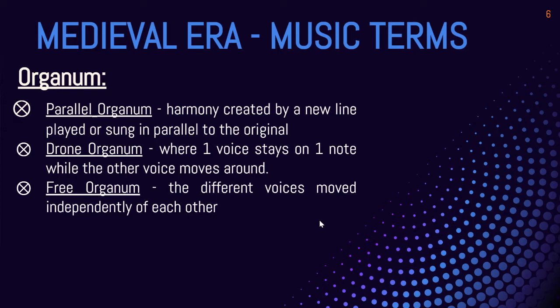So they did 3 different types of organum, and I'm going to have a listening example of each so that you can hear them. Parallel organum was when harmony was created by a new line played or sung in parallel to the original. So here we're going to hear and see an example of that. Now remember, this is where you have notes that are moving in the same direction at the same time.